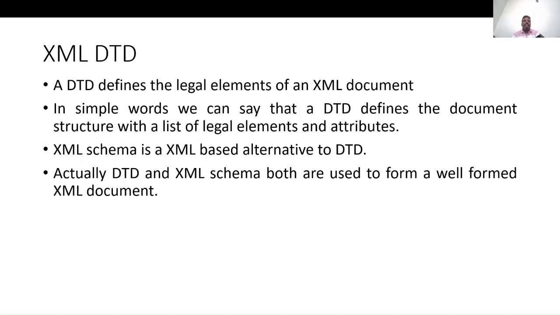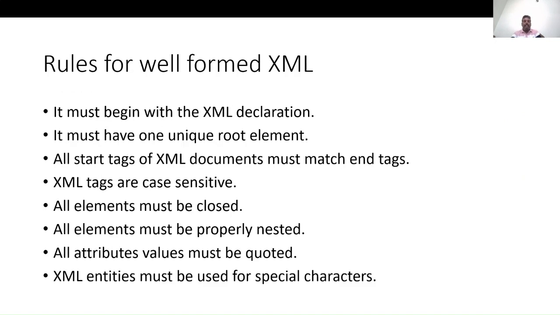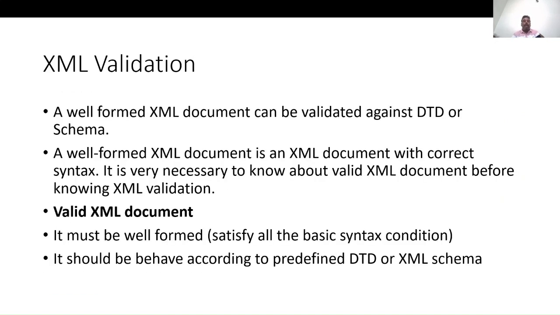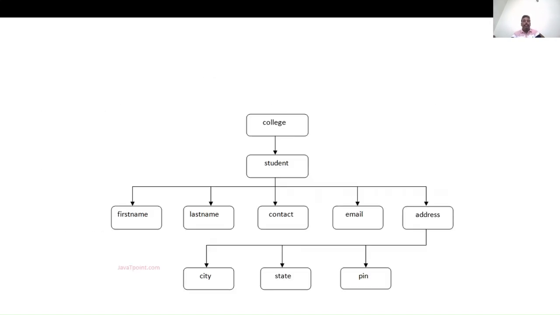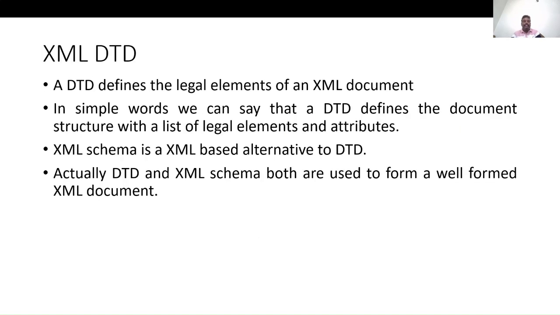Next, XML DTD. As in the previous information, how are we validating XML against DTD and schema? Because it is user defined tags, when we write our own tags, how do we check that it is correct? By the use of DTD and XML schema.